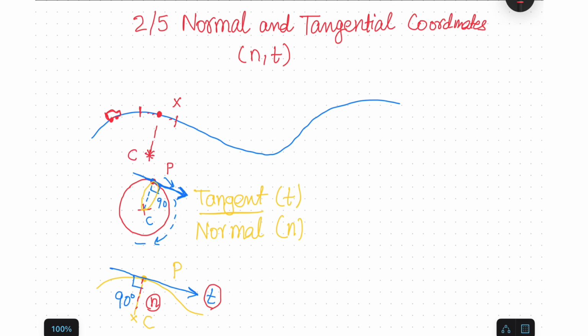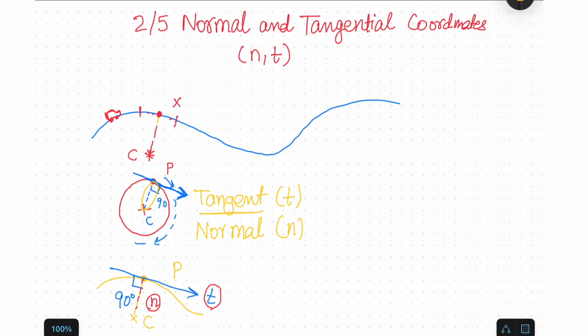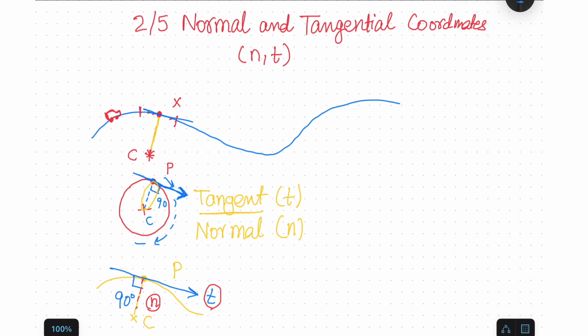With the same concept, you connect this, and then you make a 90-degree line to it. This will be the velocity vector of the car when it reaches point x. This velocity v will be in the tangential direction, and this is the normal direction.